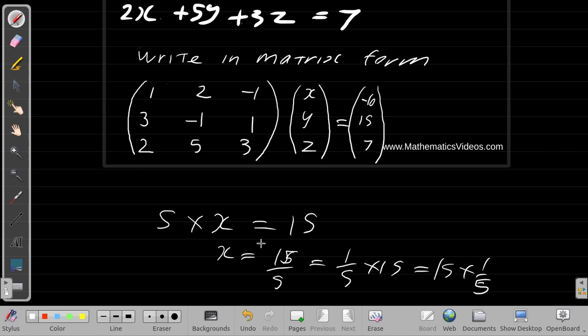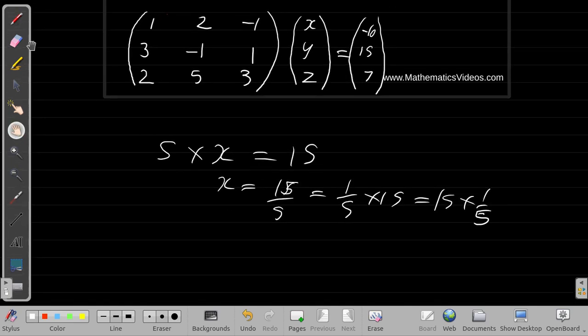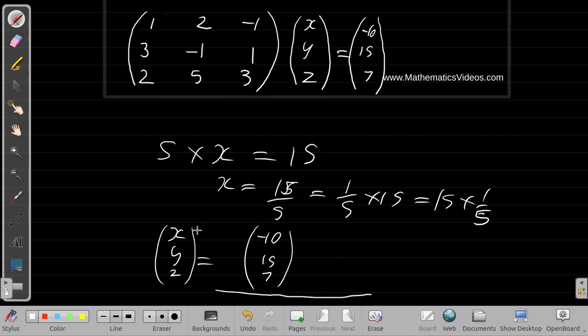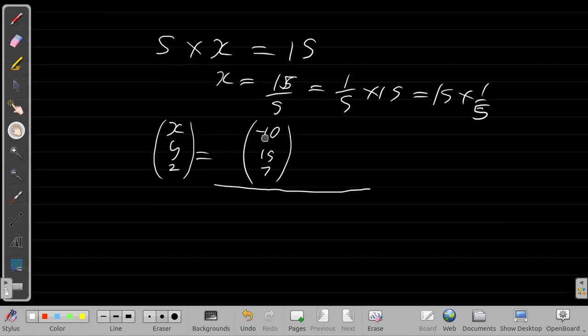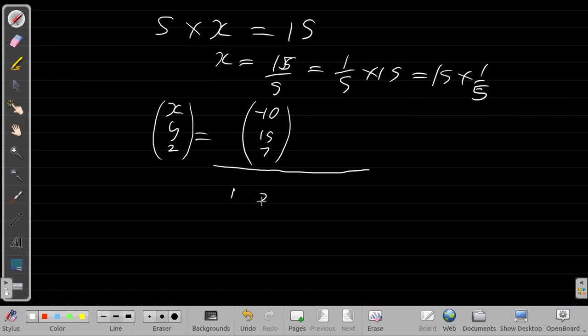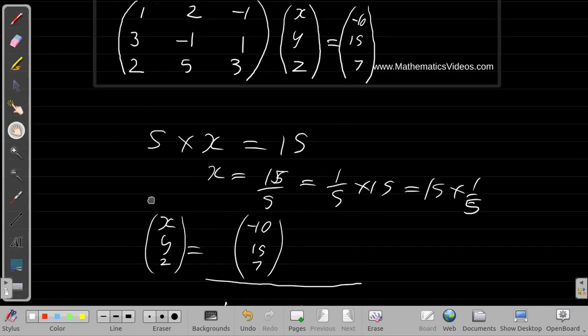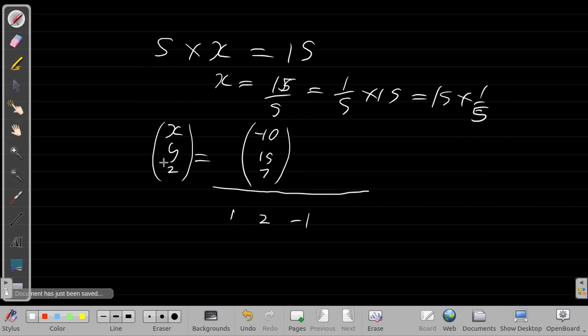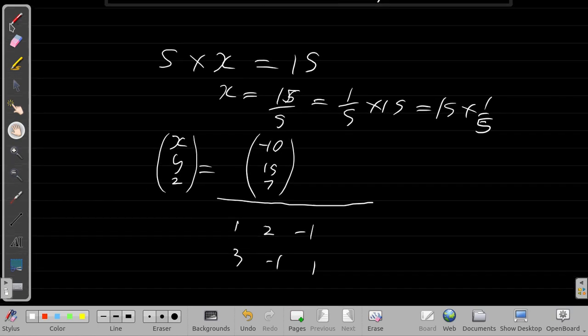Now, you're going to use the same argument with the matrices. What you're going to do is say, this matrix, the x, y, z, equal this matrix, negative 10, 15, 7, over 1, 2, negative 1, 3, negative 1, 1, 2, 5, 3.